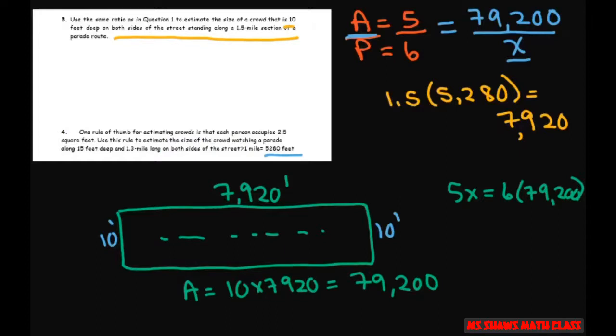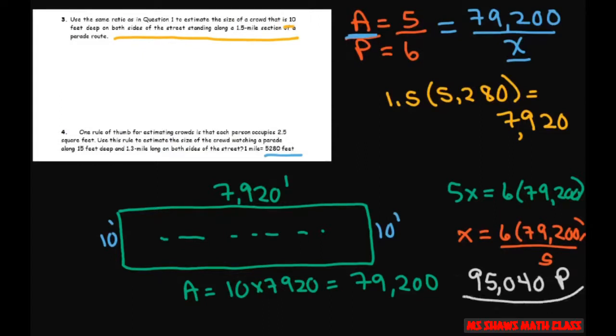And so your x is 6 times 79,200 divided by 5. All right, that should give you 95,040 people. That's our estimate given this parade route.